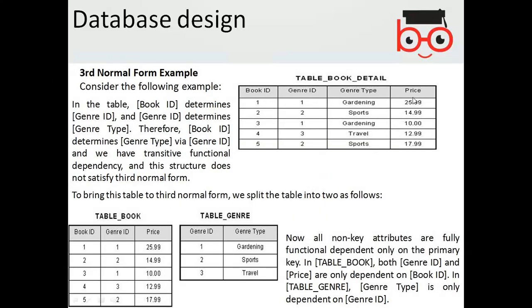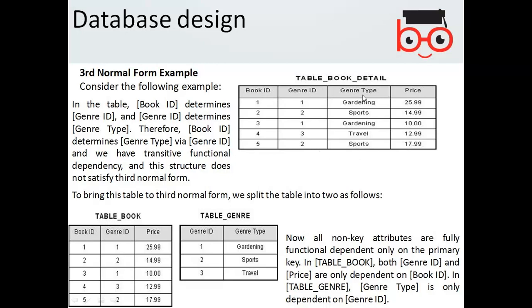The price shouldn't be dependent on the genre ID. It should be done this way: genre ID is kept separately and the genre is defined separately with the genre type, like 1, 2, 3. Here, genre ID 1 is gardening, and it is repeating here. 2 is sports.